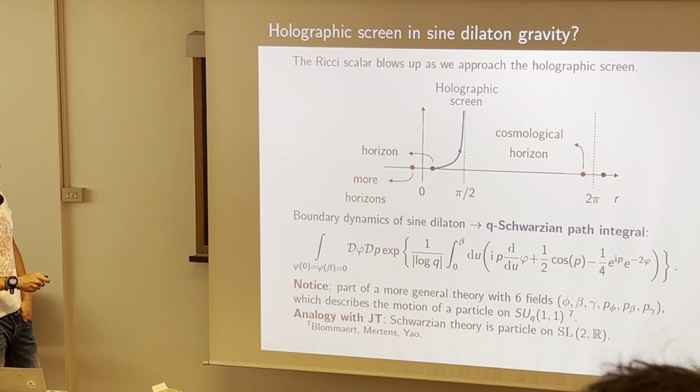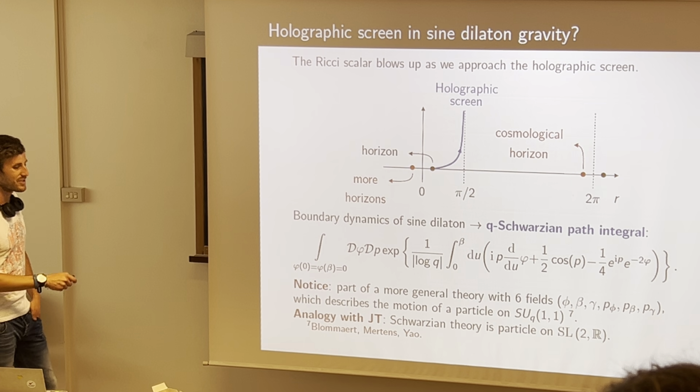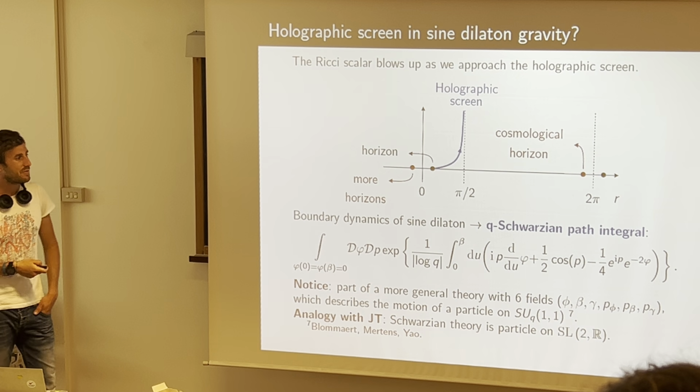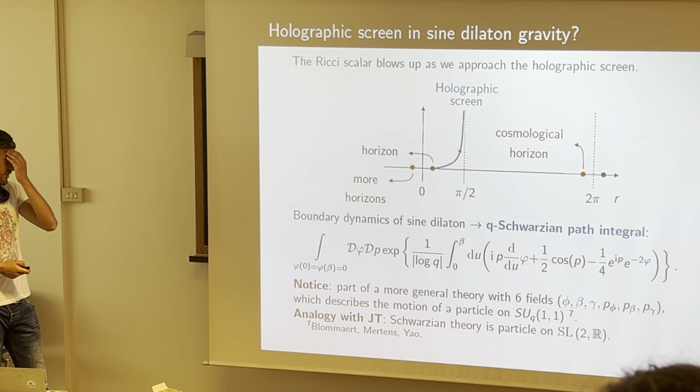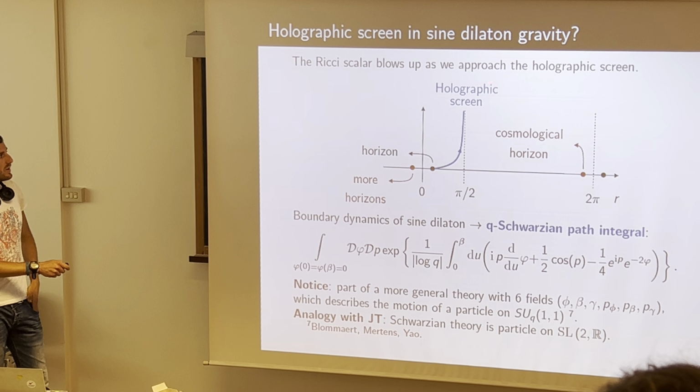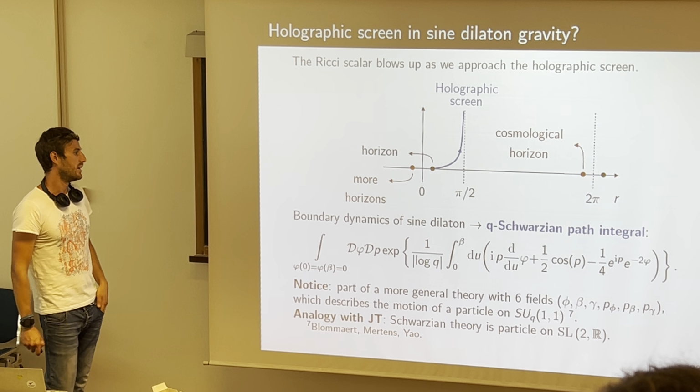But okay, what we observe is that the Ricci scalar blows up as we approach the holographic screen here. So it seems like there's some kind of holographic singularity in our theory. So we want to understand better what this singularity is, and to characterize better what happens close to the holographic screen in our theory.